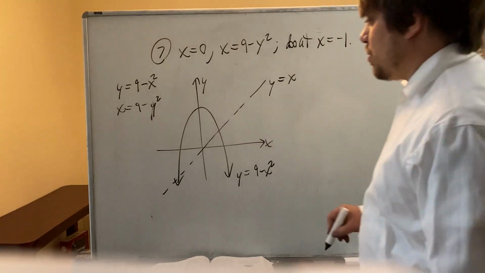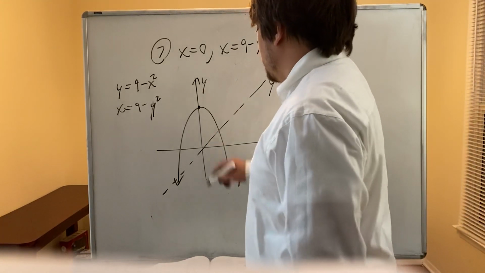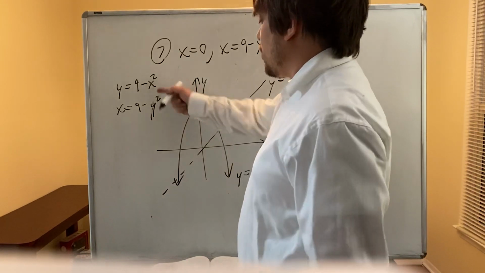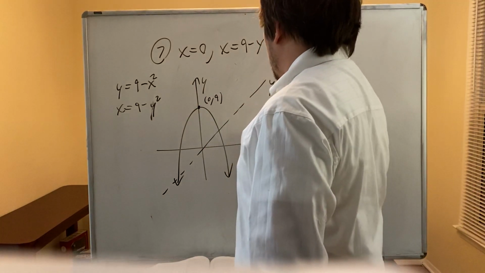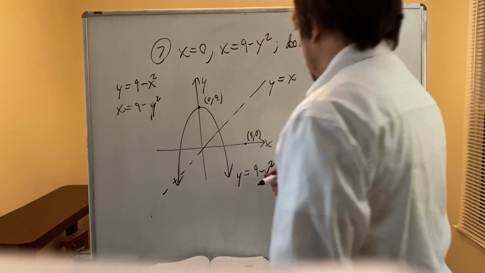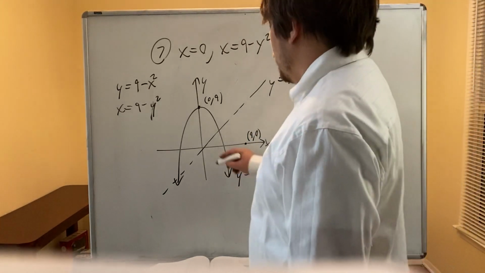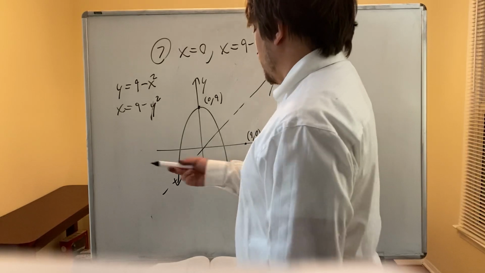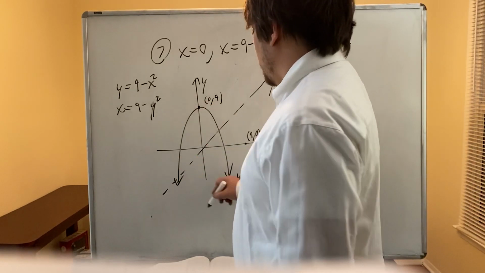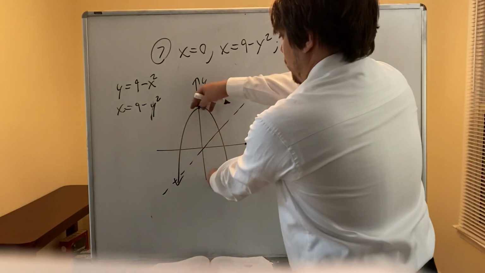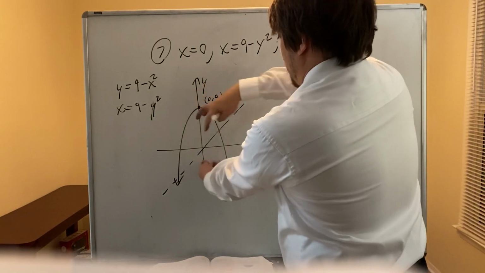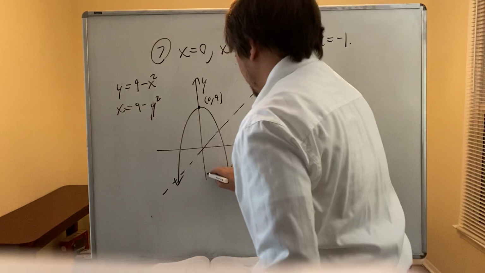Okay, so what happens when you reflect that? This point in the original graph is x equals 0, y equals 9, and so this point will be 9, comma 0. It was going down, now it's going to go to the left. If you're good at rotating, when you rotate this about y equals x, it's going to go that way.